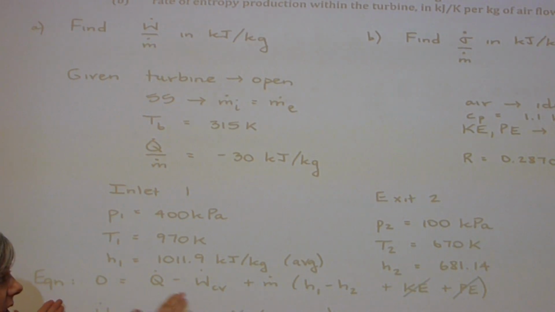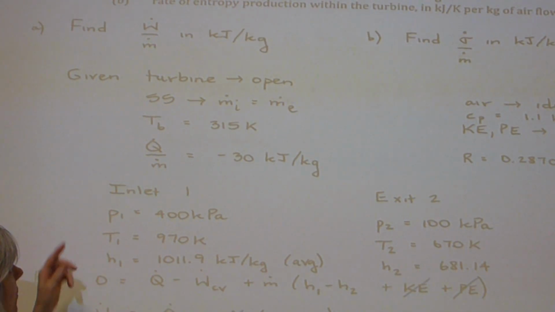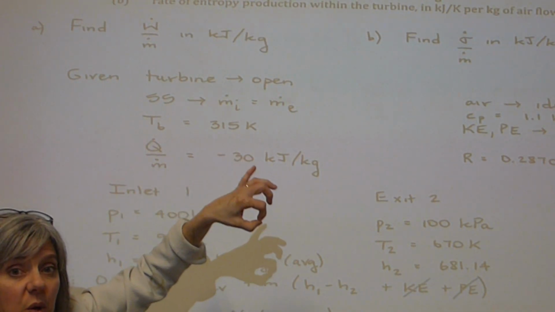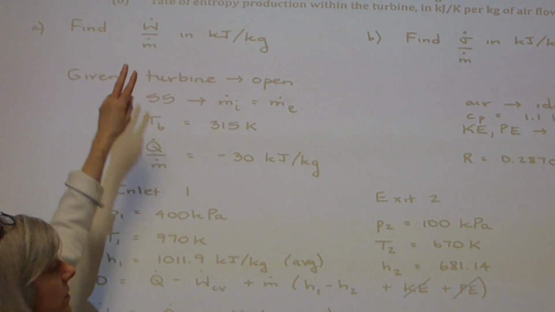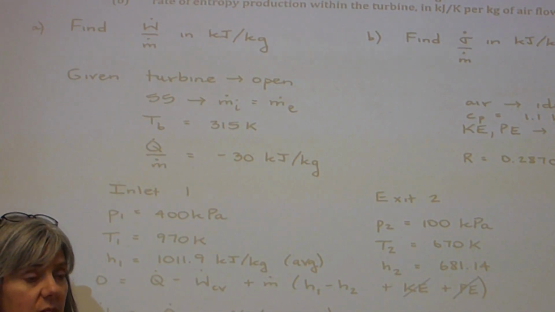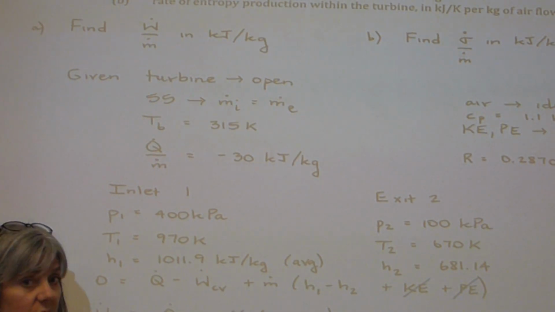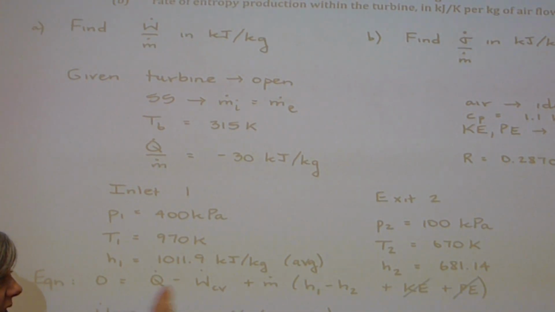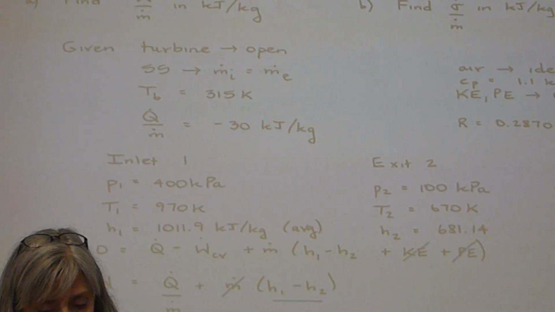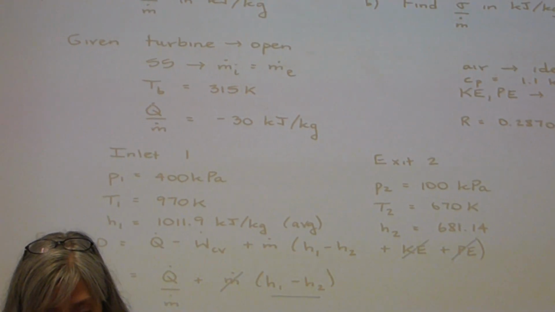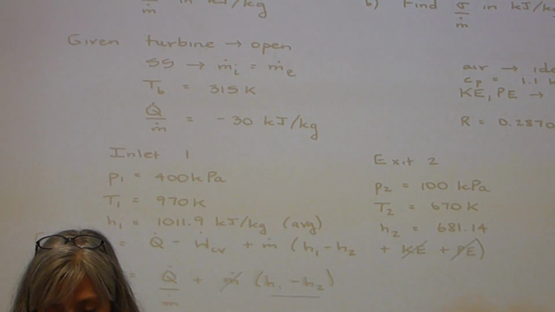To find work, the first thing we're going to do, remember, anytime it's kilojoule per kilogram, we have to form the ratio of the rates, and the time component drops out. So here, I'm going to start with the energy rate balance, ignore KE, PE, divide, solve, plug in. That one's pretty straightforward.